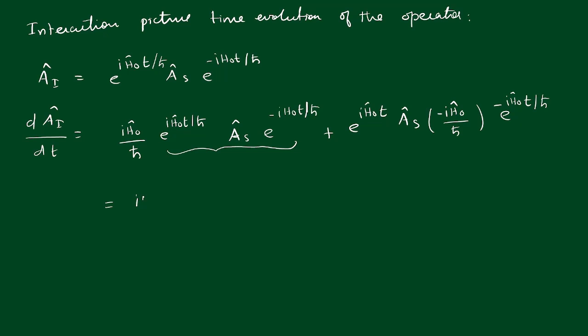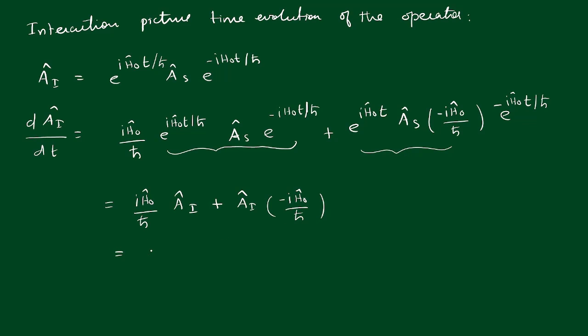So that is iH0 divided by h cross times ai, plus ai hat, which is again ai, the definition for ai, and then you have ai times minus iH0 divided by h cross.